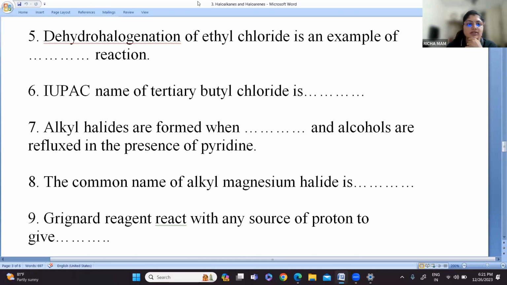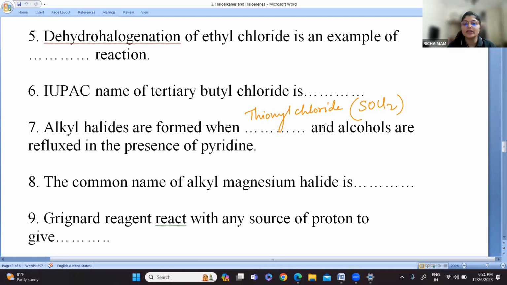The next question which we were discussing was: alkyl halides are formed when dash and alcohols are refluxed in the presence of pyridine. The answer is thionyl chloride, SOCl2.